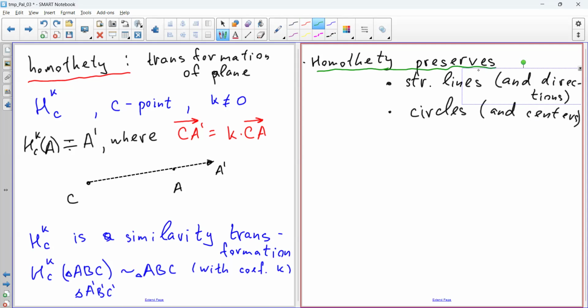First of all, please write to the chat if you are familiar with homothety, if you used this before, or at least you heard of it, the level of proficiency: you used it many times, you just heard about it, you never heard about it.